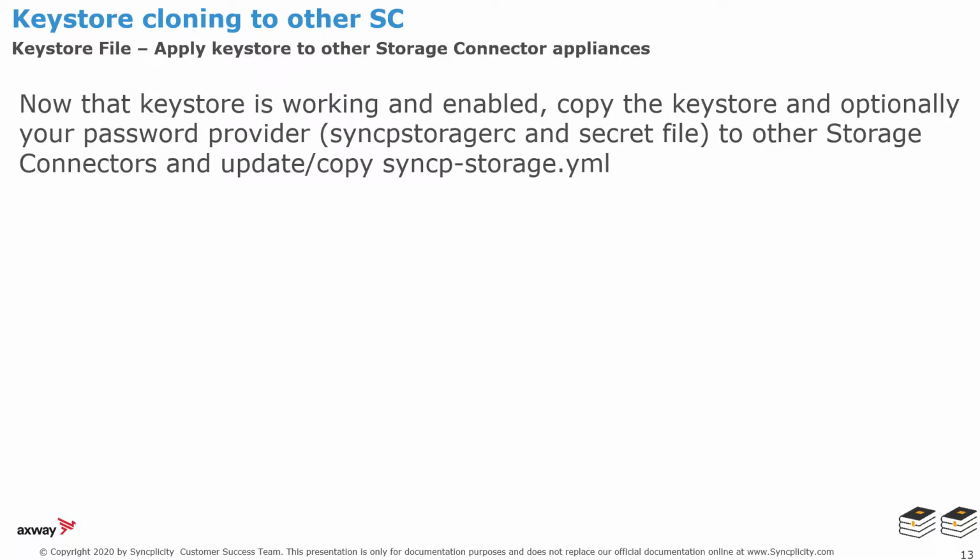You copy the keystore file and optionally your password provider, in my case syncp-storage rc, and the secret file keystore.config to other storage connectors and update the syncp-storage.yaml file on those nodes as well. If this is your first storage connector that you deployed, it might be easier to just simply clone them.